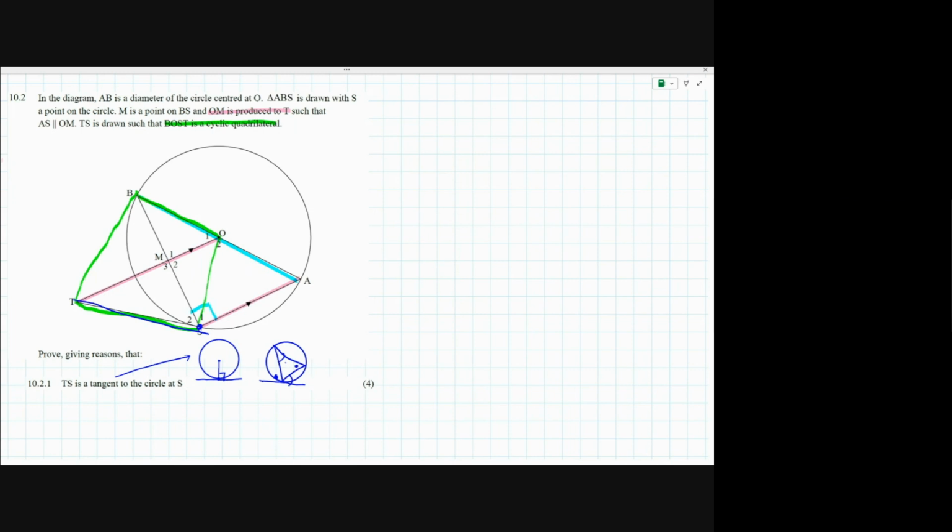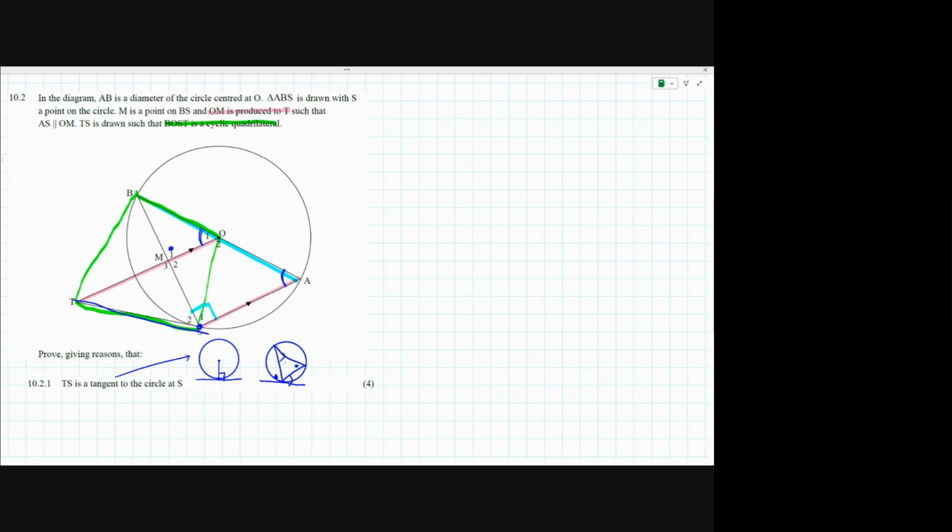But let's go back to the information we're given and try and use what we have. We've got some parallel lines that could give me some corresponding angles, alternate angles, co-interior angles, all of that fun stuff. And we were given the cyclic quad. So if we go to the parallel lines first, for example, O1 is equal to angle A. Those are corresponding angles.